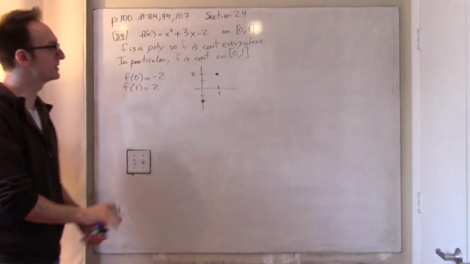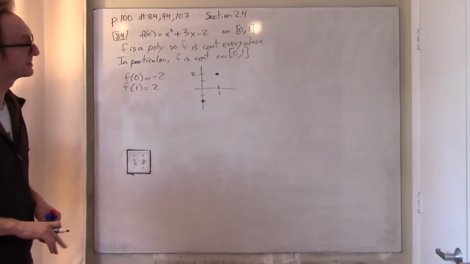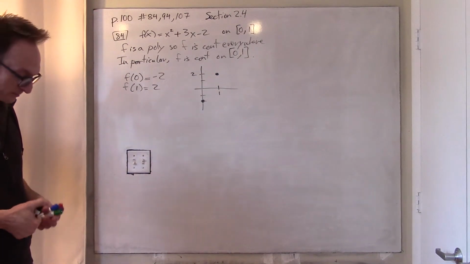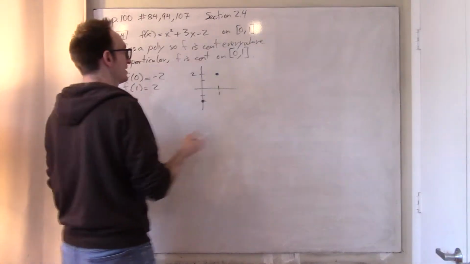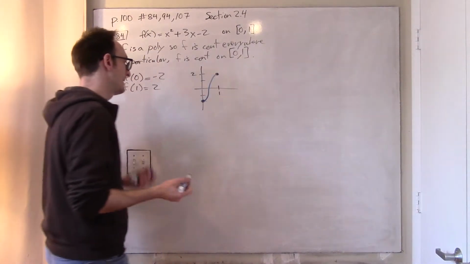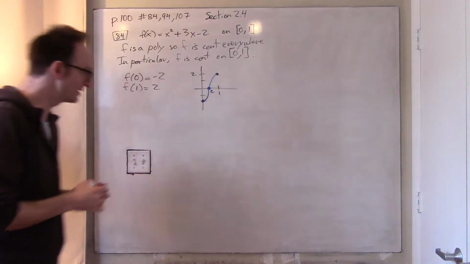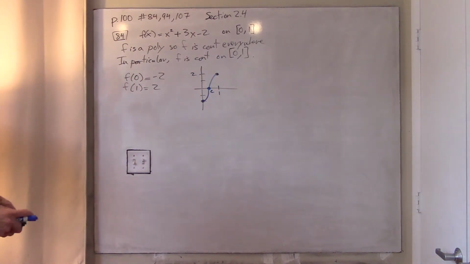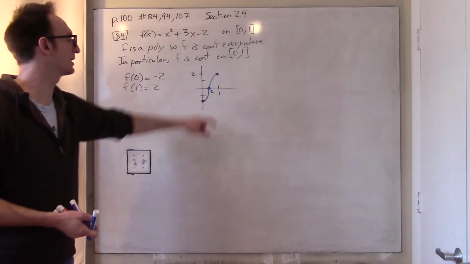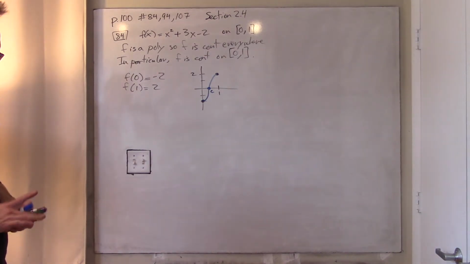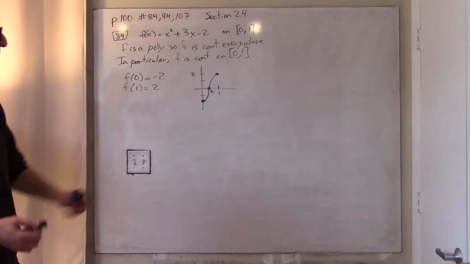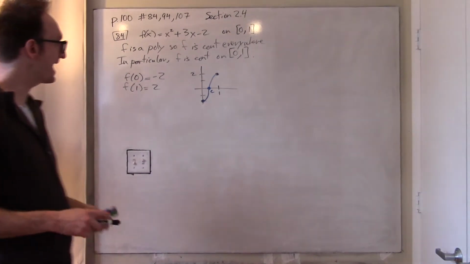And it's a polynomial, so it's continuous. So it means that my function must cross. I don't know where exactly, but the intermediate value theorem tells me that my function must cross somewhere.